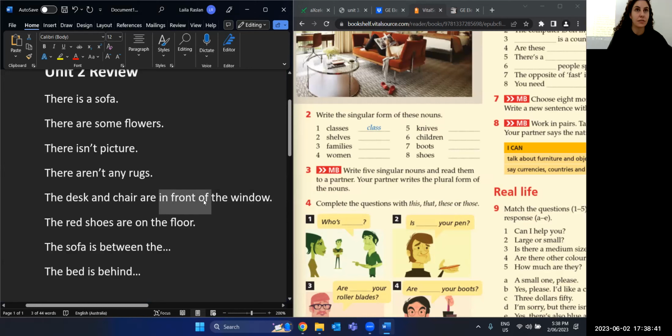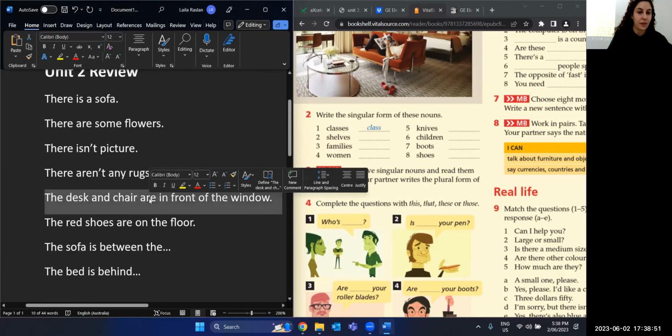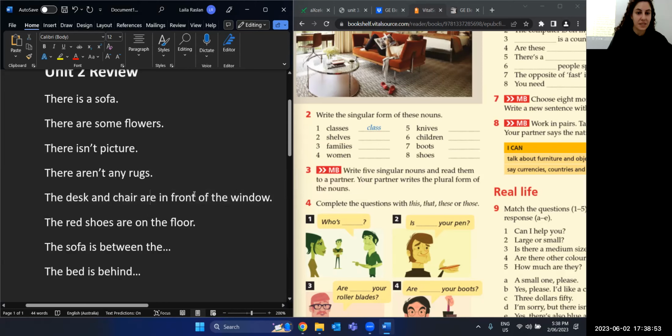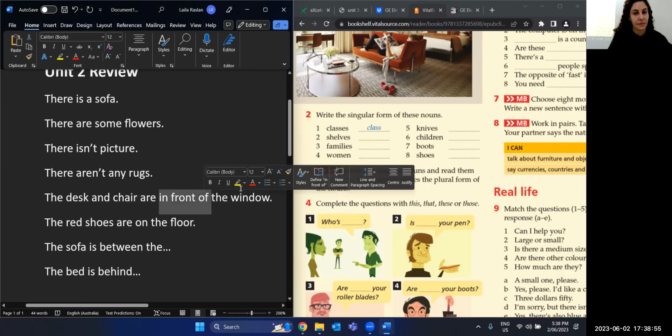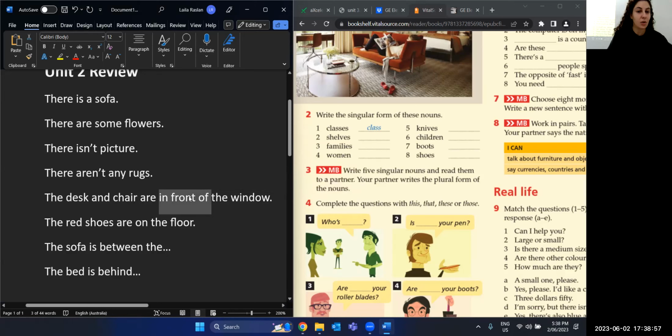In front of, always. You can't put any words in the middle. So if you look at it, the desk and chair, that's the subject, verb, preposition, noun. So that must always go together, in front of. The man is standing in front of the car.